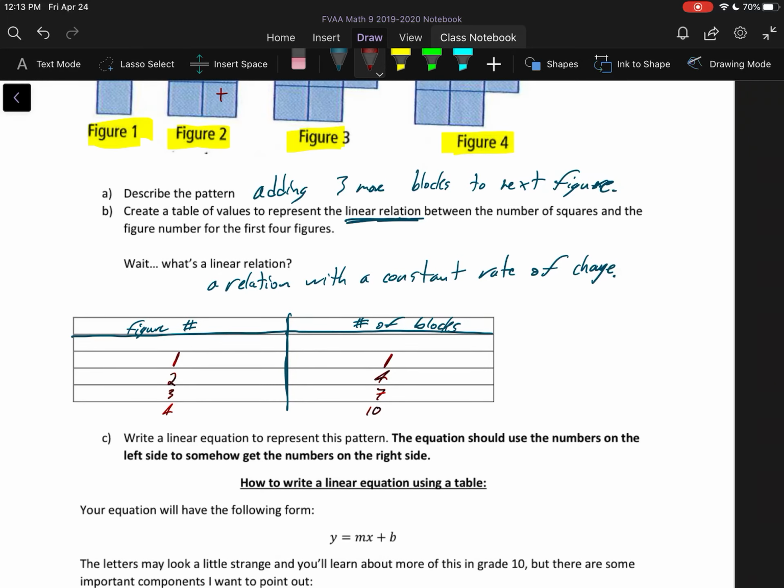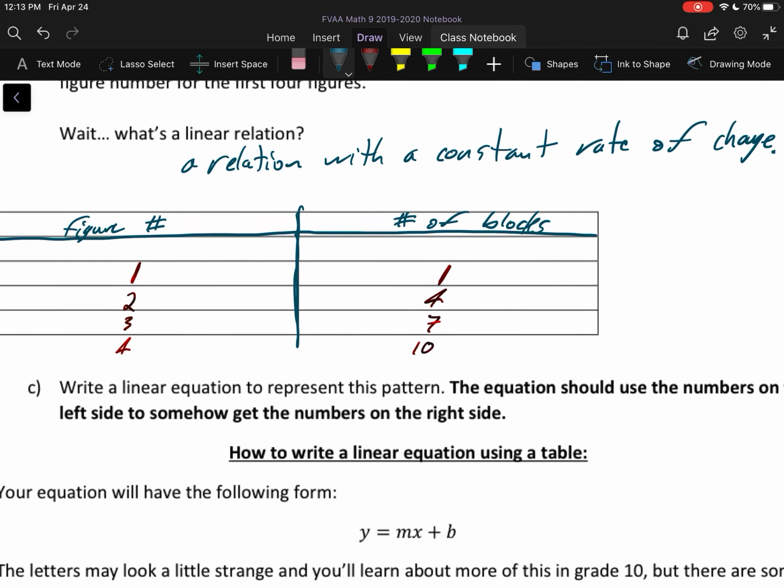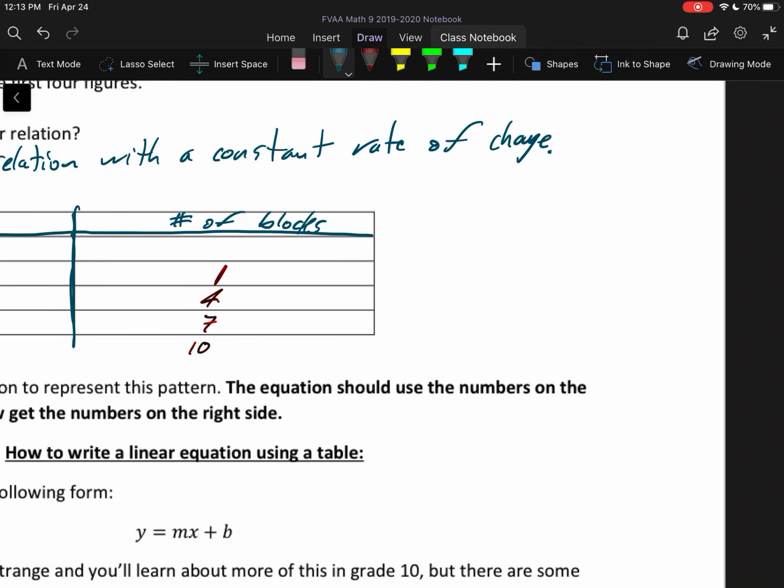So here, if you track on the left side, we can see that the figure number is increasing by what each time? It's increasing by 1. You see that, right? From 1 to 2, from 2 to 3, from 3 to 4. How is the number of blocks increasing from one figure to the next? Well, each figure, we're adding 3 more blocks.